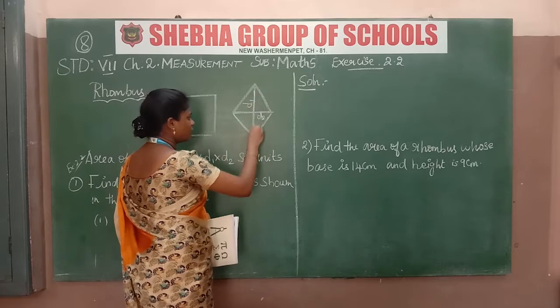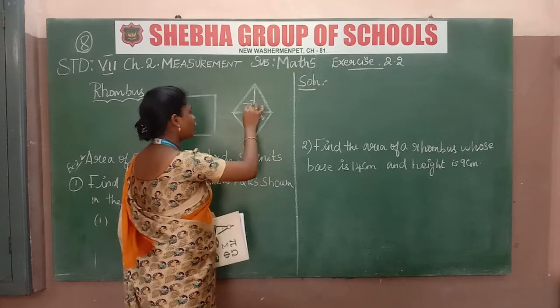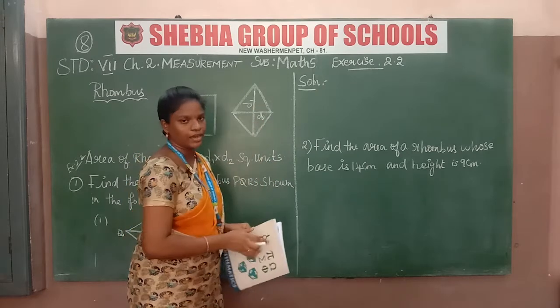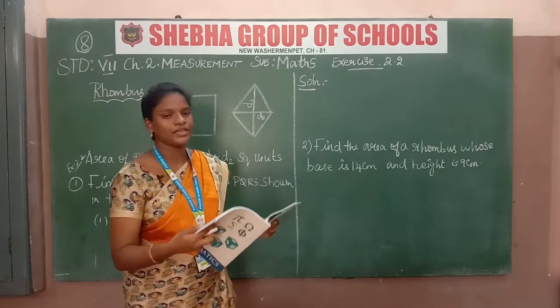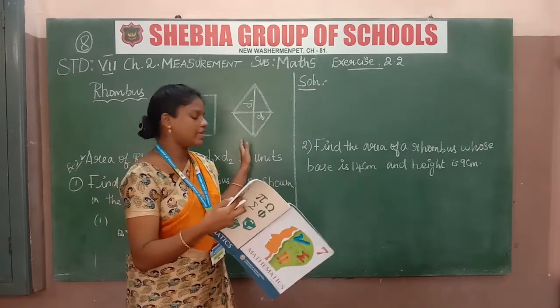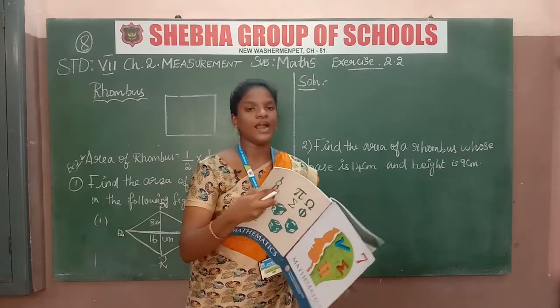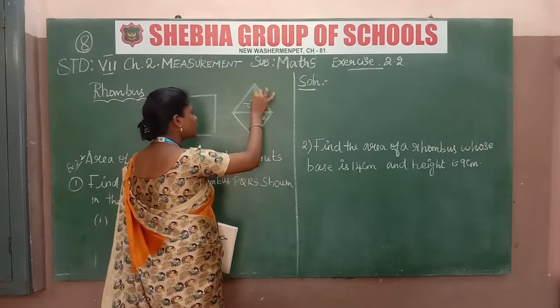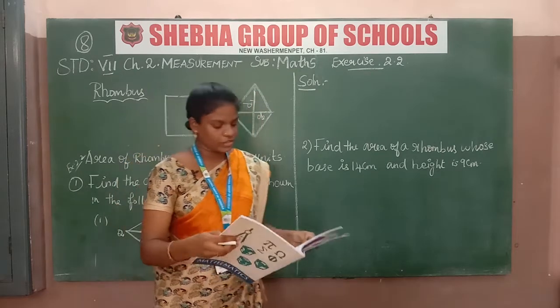D1 and D2 divide it equally like this. These are four triangles. So this is also a rhombus. Four right angle triangles are of equal area. Okay, next, the diagonals bisect each other at right angle. So they say the diagonals bisect each other at right angle.